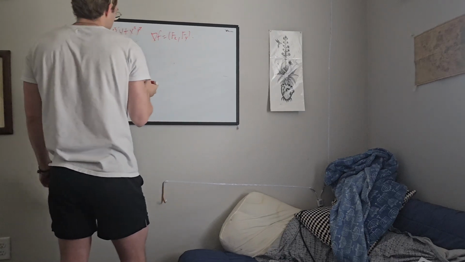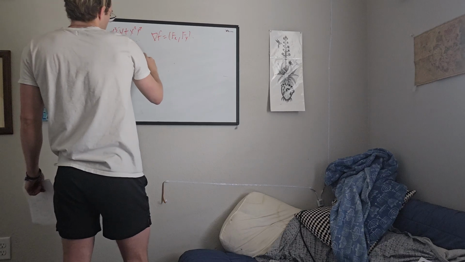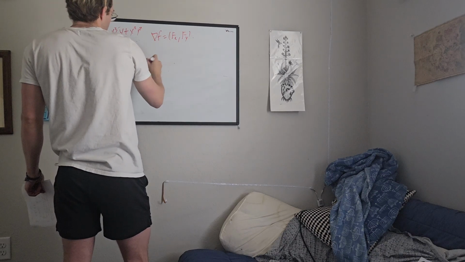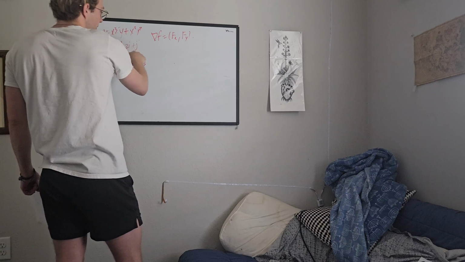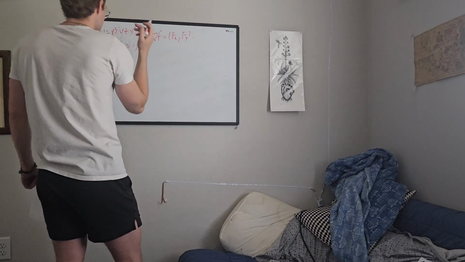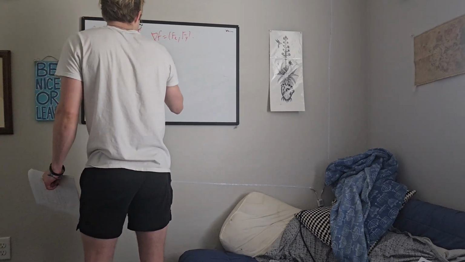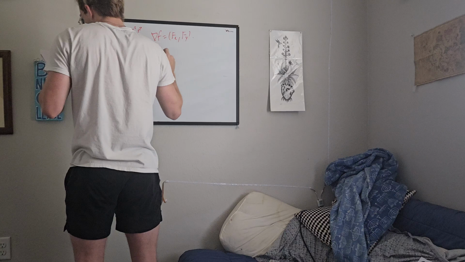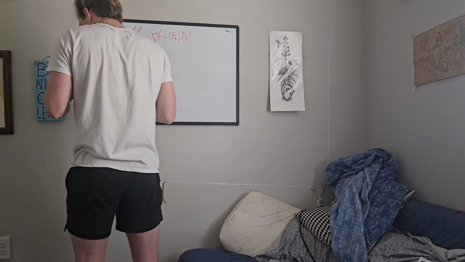So pretty much it's the square root of 5, because it's x squared plus y squared, 4 plus 1 is 5. Wait, did I do this correctly? She might have given me the points and I did it correctly.